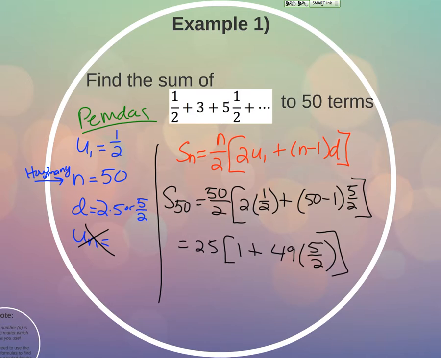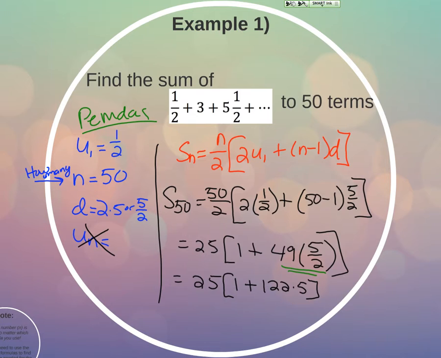I think the most common mistake that I end up seeing happens on the next step, where people want to add this, but remember we do have to do this multiplication before we can add a bunch of stuff up. So I end up with 25, and then 1 plus 49 times 5/2 is 122.5. So just keep that in mind.